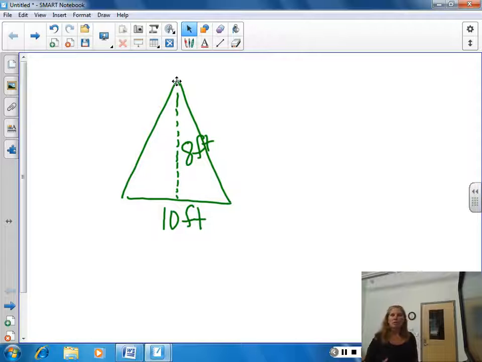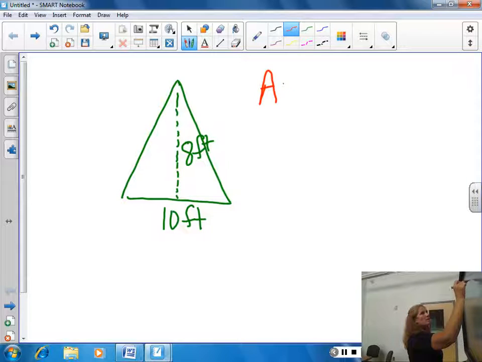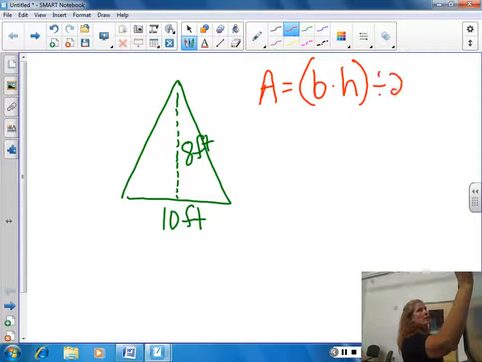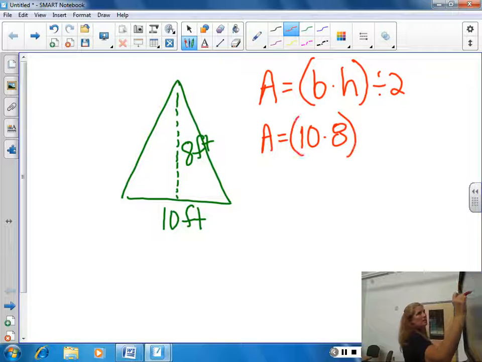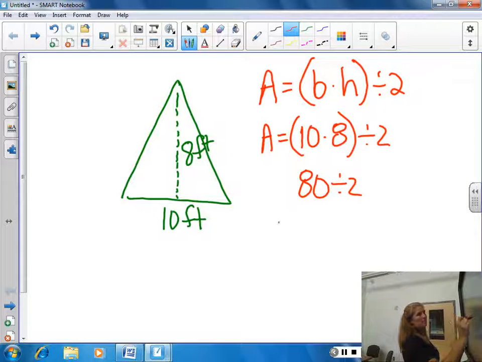So we're going to multiply base times height because the formula for the area of a triangle is base times height, the whole thing divided by 2. So we're going to get 10 times 8, which is 80, and then we're going to divide that by 2, and 80 cut in half would be 40.